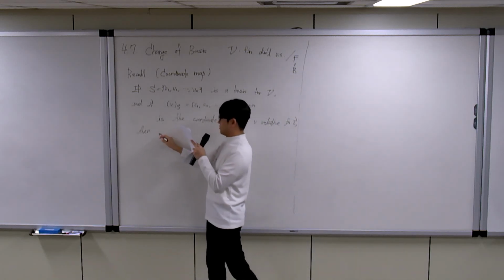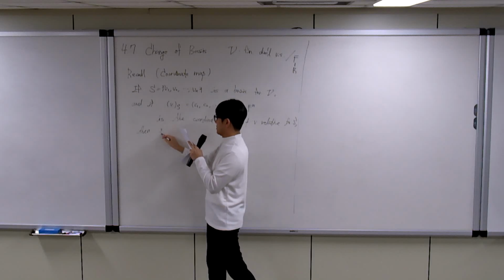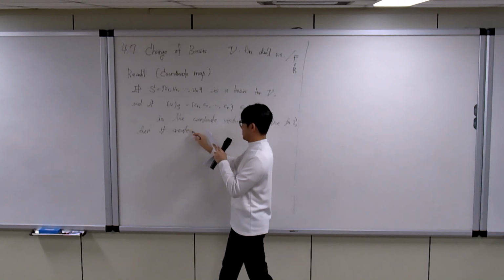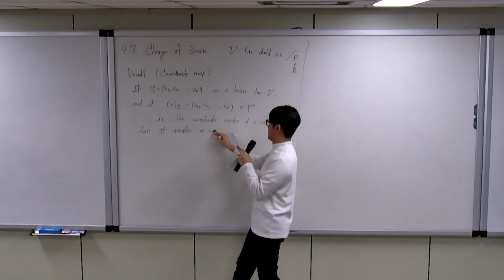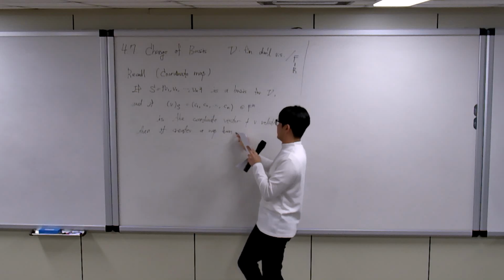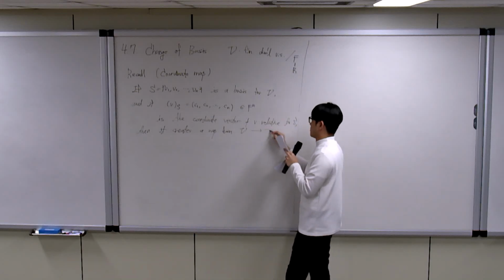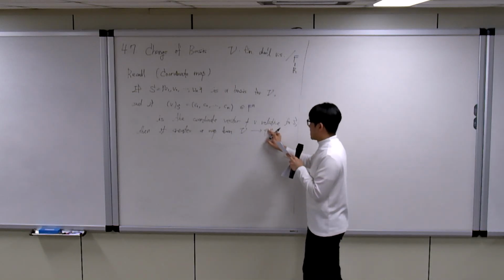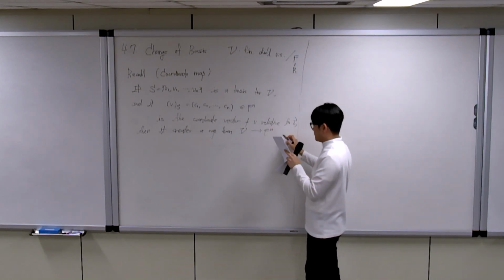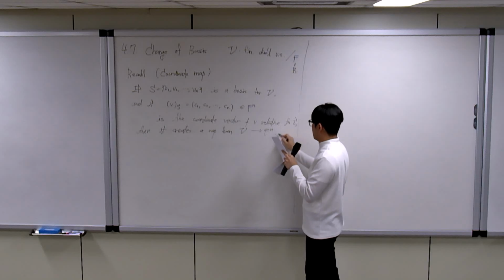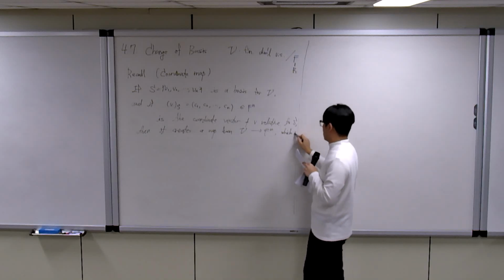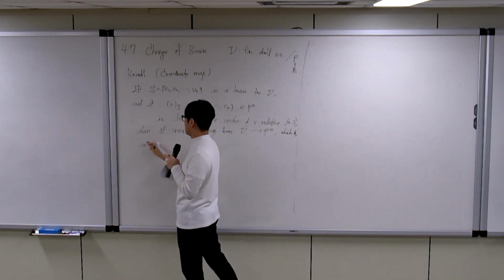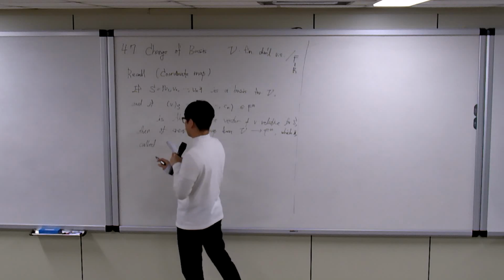Then this map from the vector space V to F to the n is called a coordinate map.